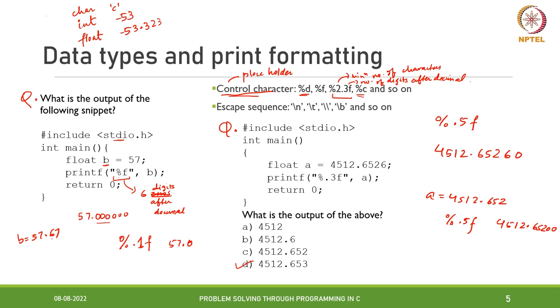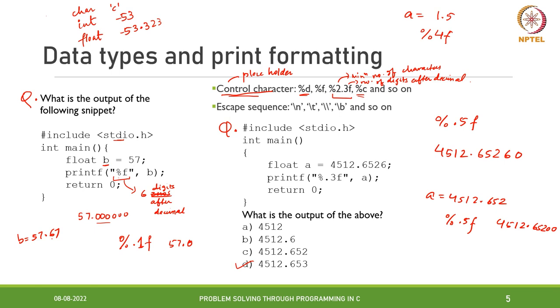But let me give you another example. Say a is equal to 1.5, and I'm trying to print say 4f. So these are only three characters, right? 1, 5, and the dot. But I have said to the compiler that I need a minimum of four characters.